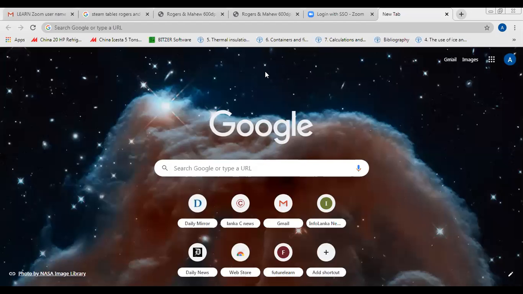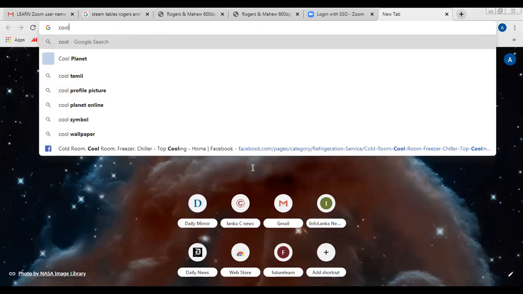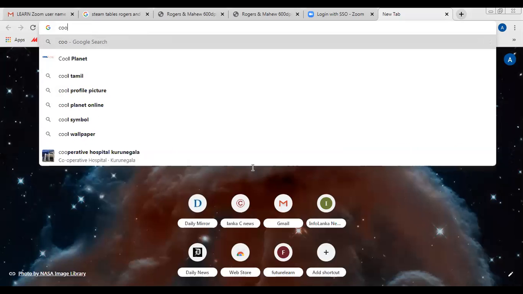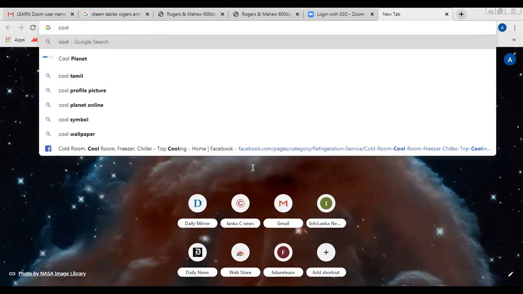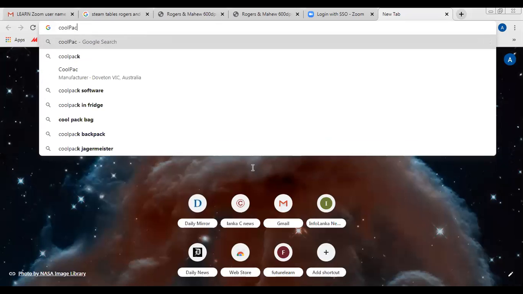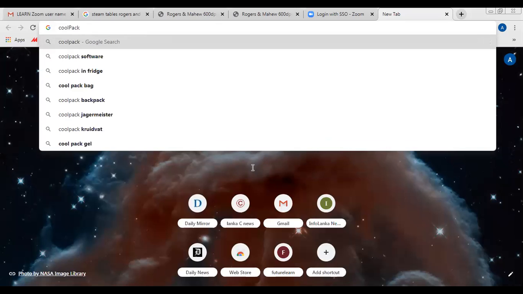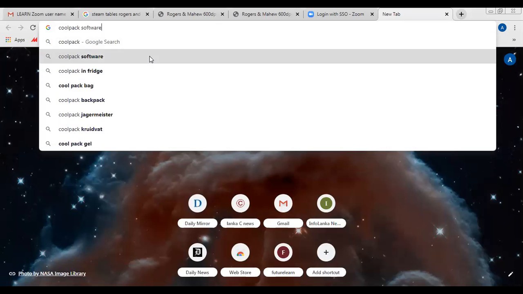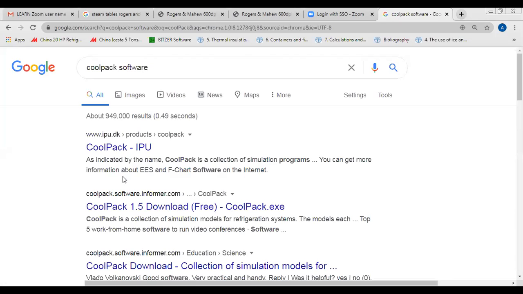I'm going to share the Google screen, and if I type here cool pack, ESCK, cool pack software, okay.